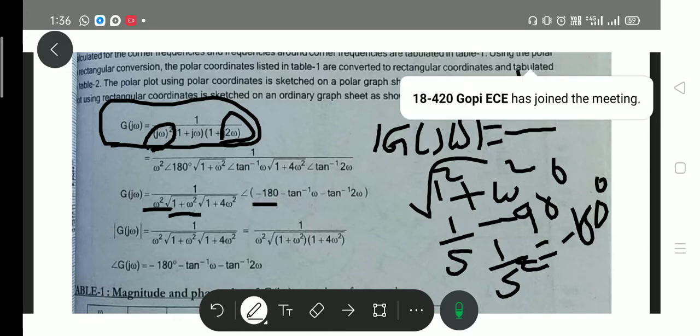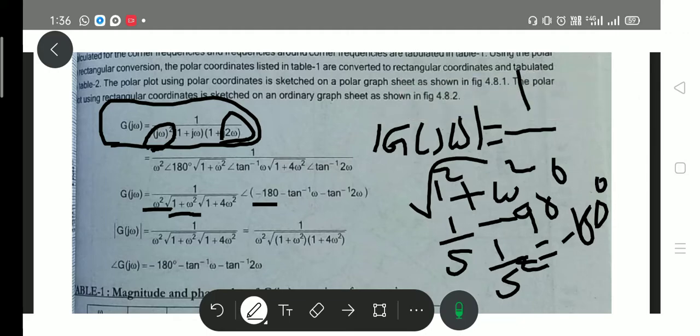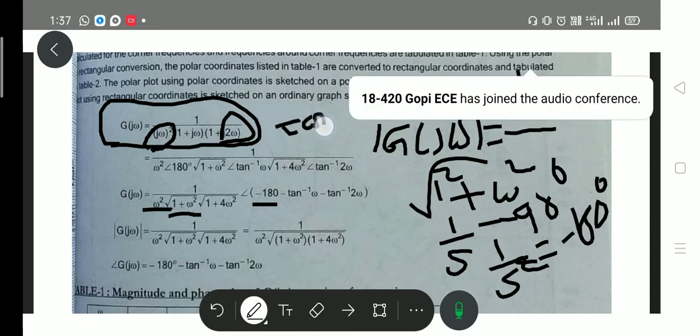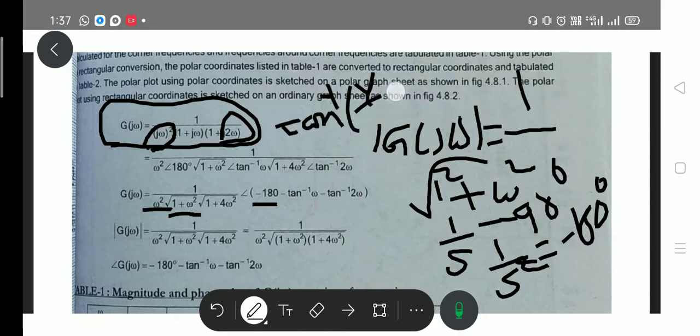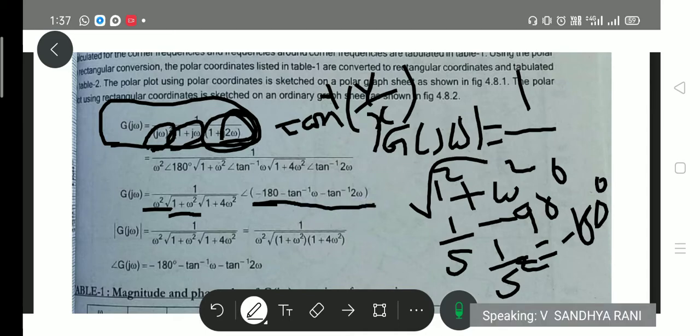Then minus tan inverse of y by x. Here y is 1 and x is 1, so tan inverse omega only. In 1 + 2 omega, y is 2 omega and x is 1, so tan inverse 2 omega. The phase is minus 180 minus tan inverse omega minus tan inverse 2 omega.